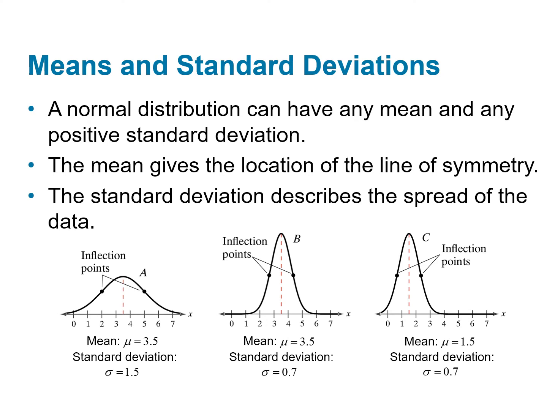You can see in B all the data is more compressed into that peak, and in A the data is more spread out, more of a flat hill looking shape. On C, it's the same standard deviation as B, so they're both the same steepness. But then our mean is now at 1.5 instead of 3.5, so it's just shifted over.